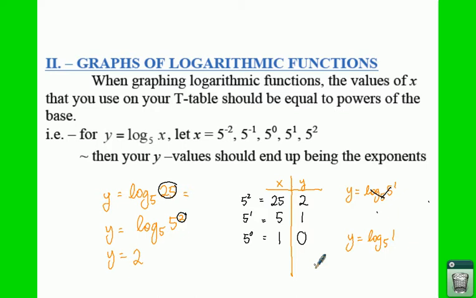Unless your graph is shifted one way or the other, your log function should go through the point (1, 0), just like your exponential functions. Remember, they're inverses, so you can swap your x's and y's, and an exponential function would go through (0, 1) and (1, 5).